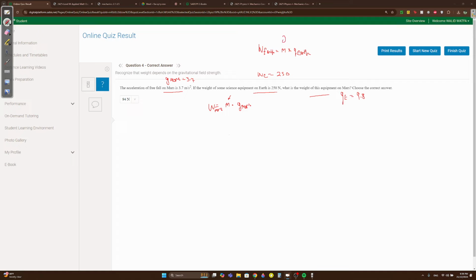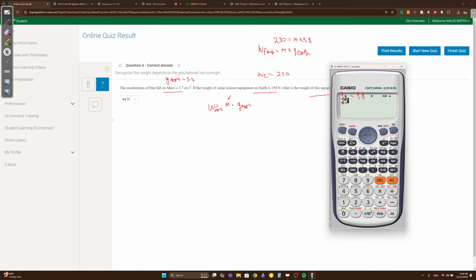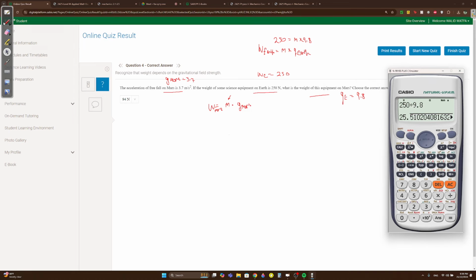So the weight on the Earth is 250, equal to the mass times 9.8. We divide now. You're going to get, let's just say 25.5. So m is equal to 25.5 kg.